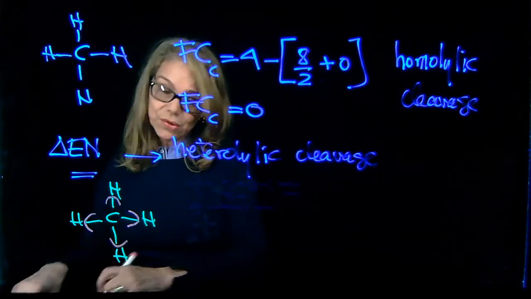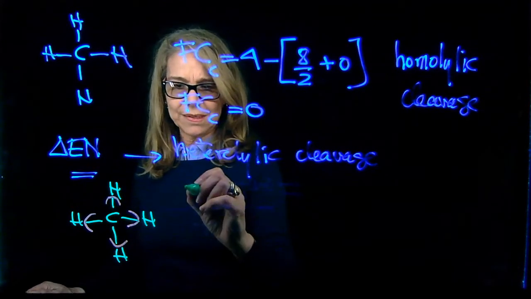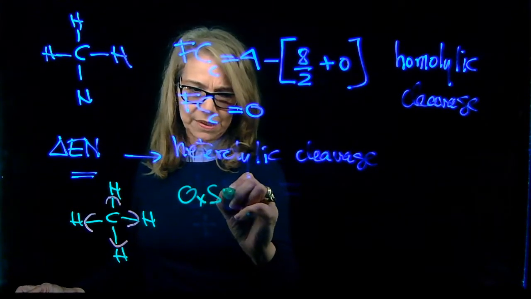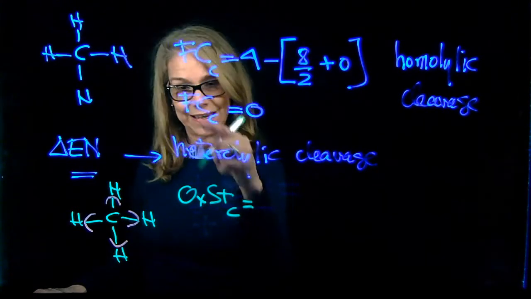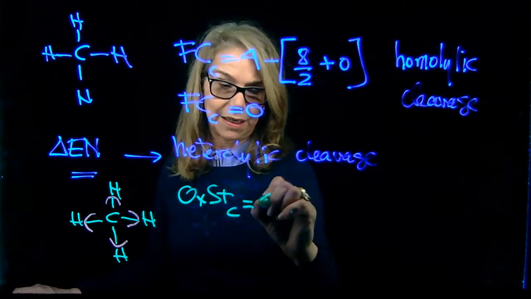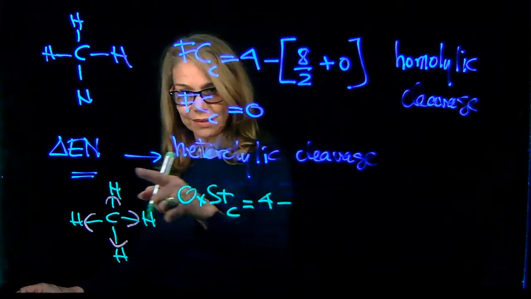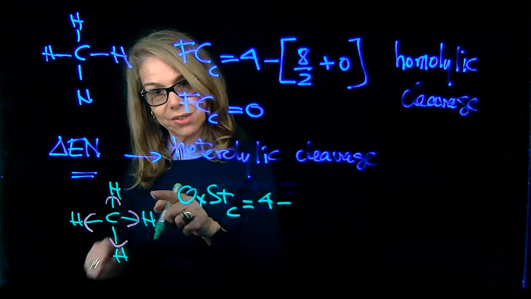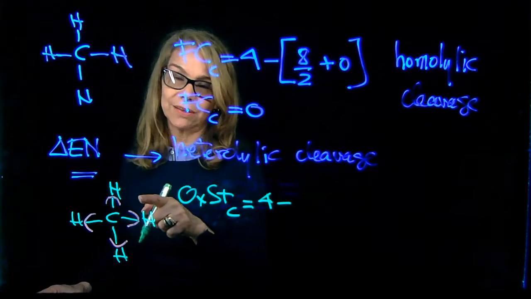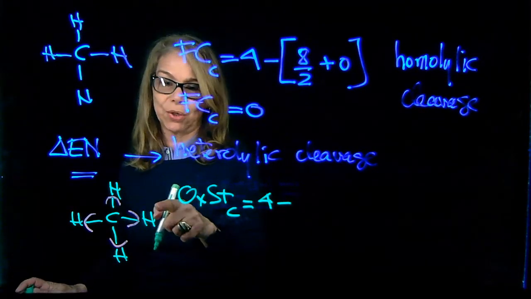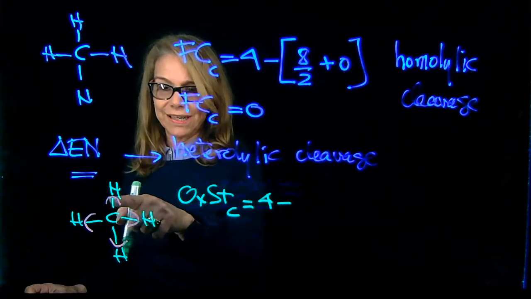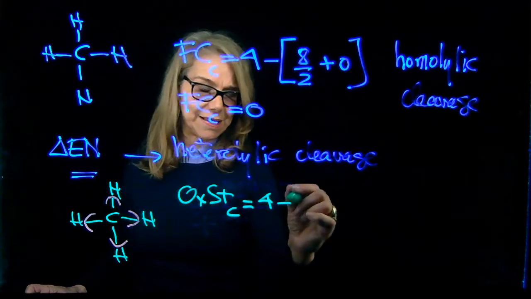Now when I do my math, the oxidation state of that carbon is, again, I go to my valence electrons, 4, minus the number of electrons assigned to carbon, taking into account that difference in electronegativity. So 4 minus 8: 2, 4, 6, 8.